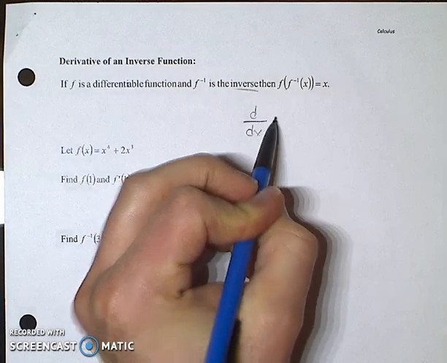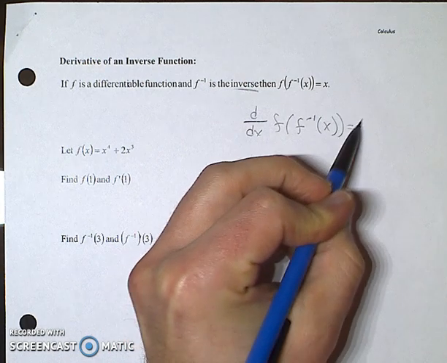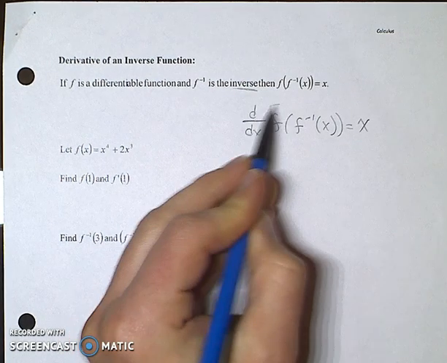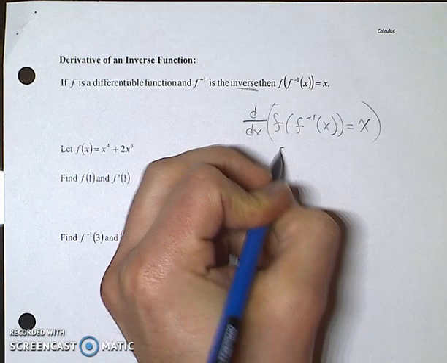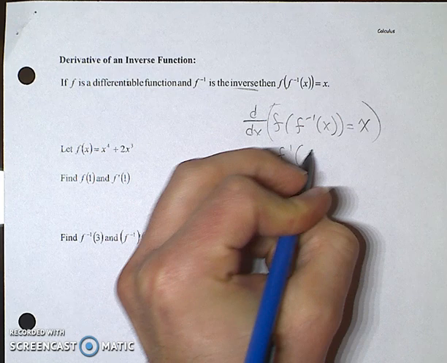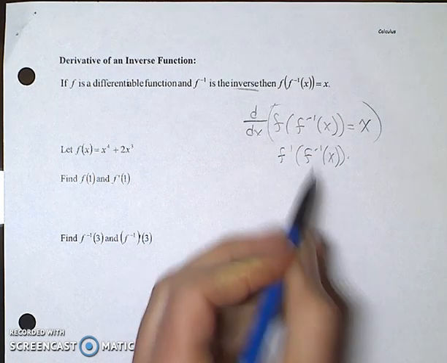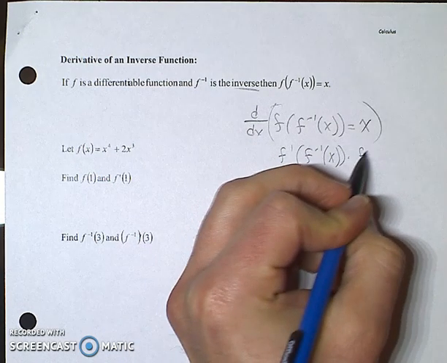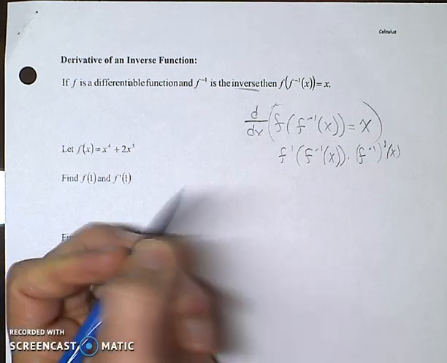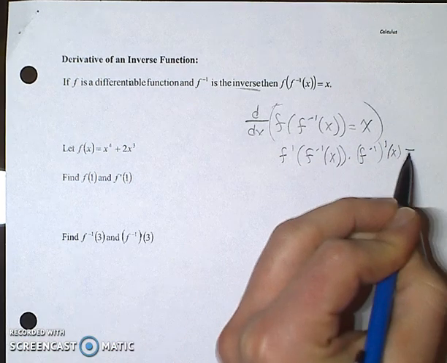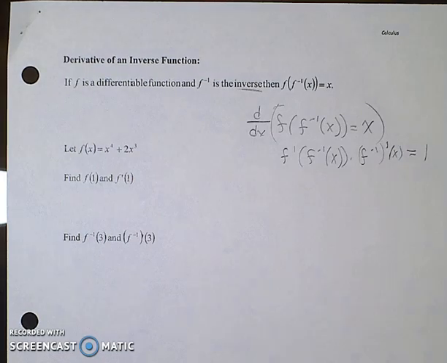So if you understand that, if I take the derivative of f of f inverse of x equals x, if I take the derivative of all of that, then I do a composition here, so I do f prime of f inverse of x. That's the derivative of the outside multiplied by the derivative of the inside, f inverse of x. The derivative of that equals 1, because the derivative of x is 1.